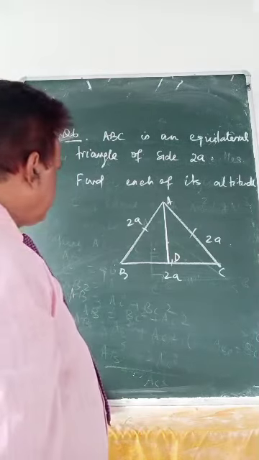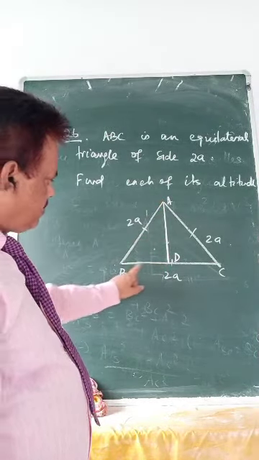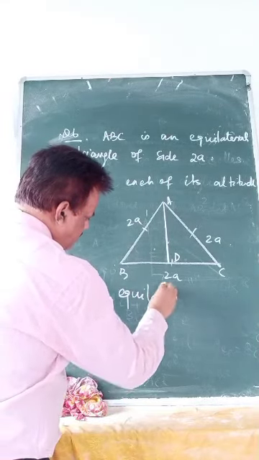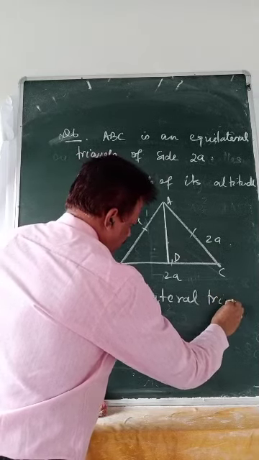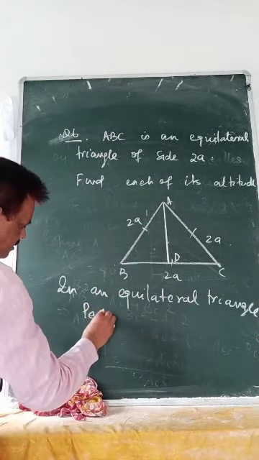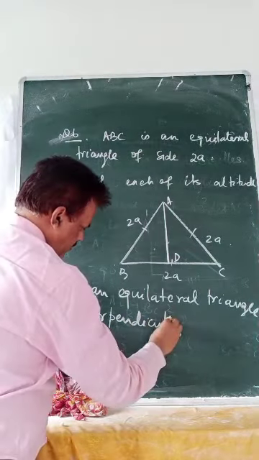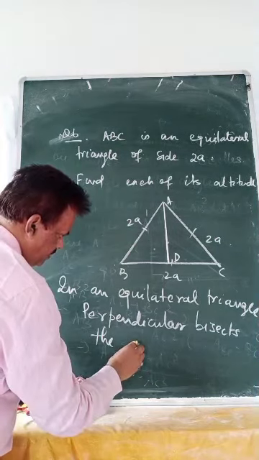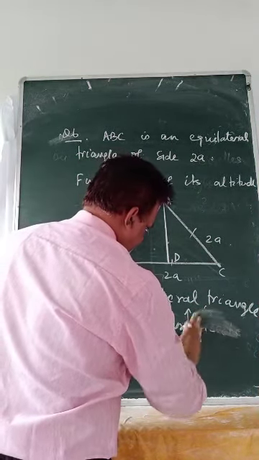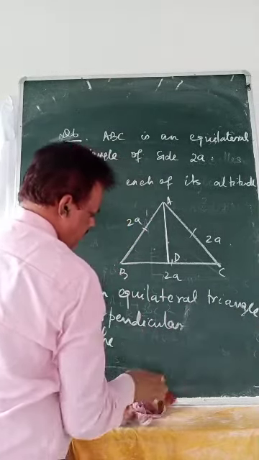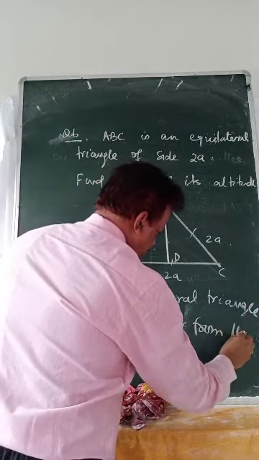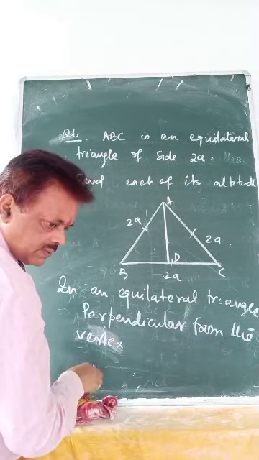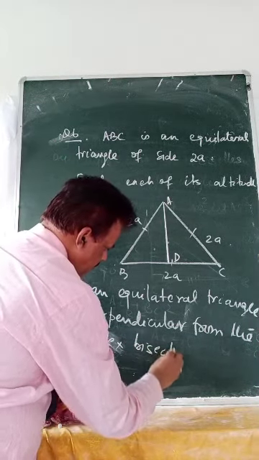Okay. So remember, in an equilateral triangle, the perpendicular drawn from the vertex bisects the base.